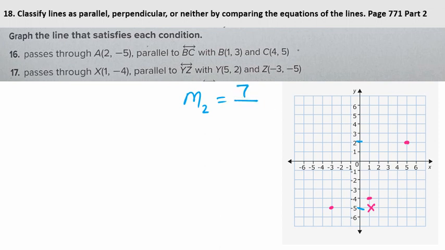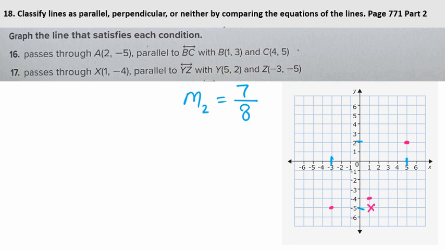Now, what about horizontal? From this point to this point. This is negative 3 and this is 5. So this is 8. You can count 1, 2, 3, 4, 5, 6, 7, 8.